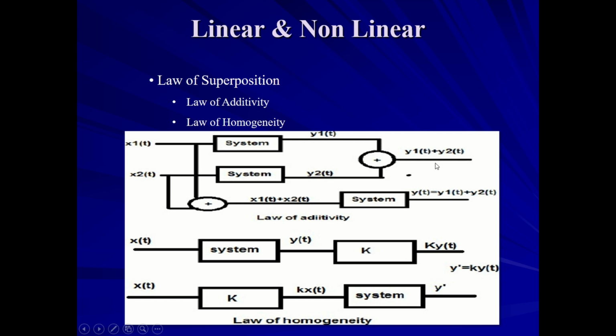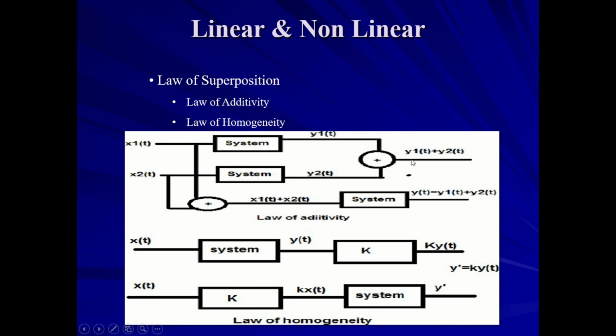Then we add both results, which gives y1 of t plus y2 of t. The second time, we first add the inputs x1 of t and x2 of t, then apply the sum to the system, and it produces the result y of t equal to y1 of t plus y2 of t. So that is the law of additivity.